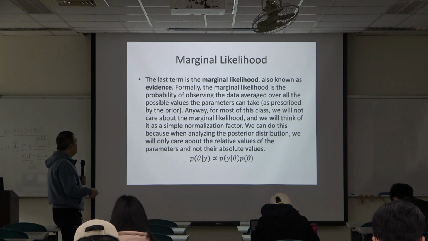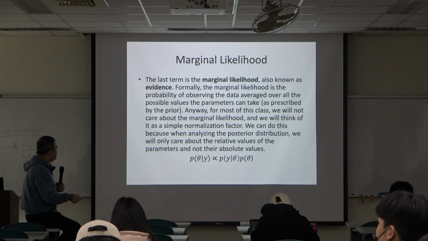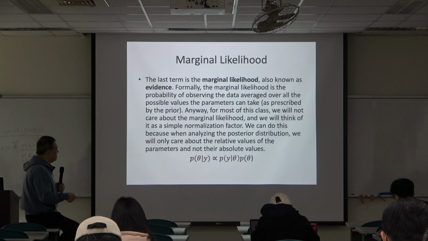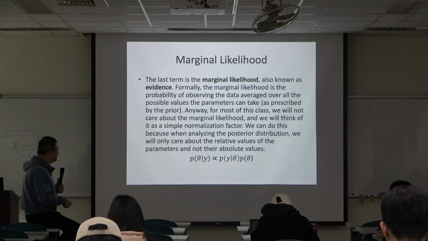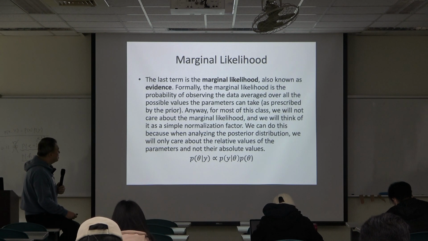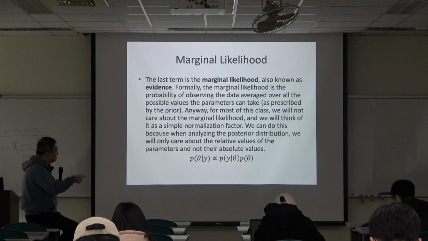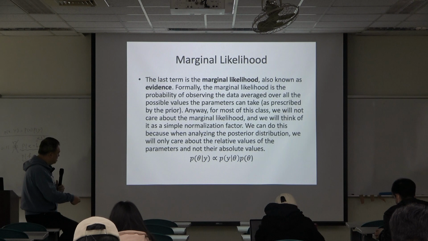So that's why this marginal likelihood is considered a normalizing factor. We can do this because when analyzing the posterior distribution, we only care about the relative value of the parameters, not their absolute value, because p of theta on condition of y, where this y is just like d, is proportional to p of y on condition of theta times p of theta.